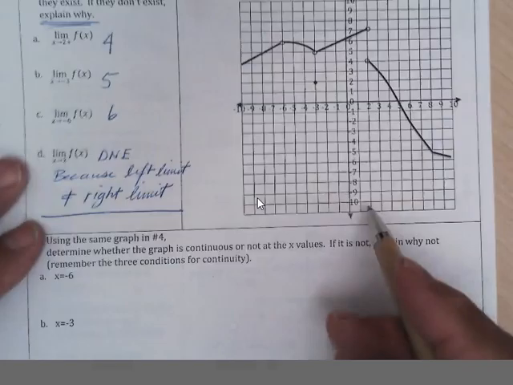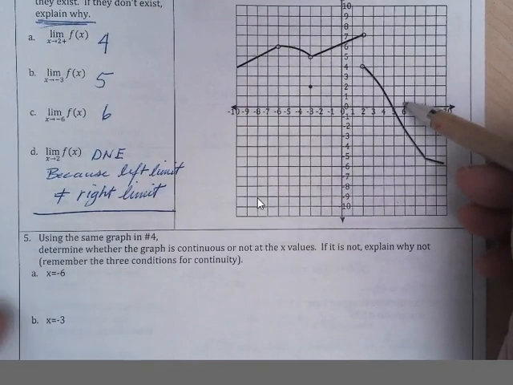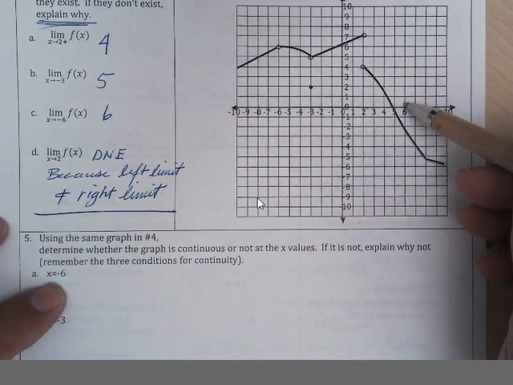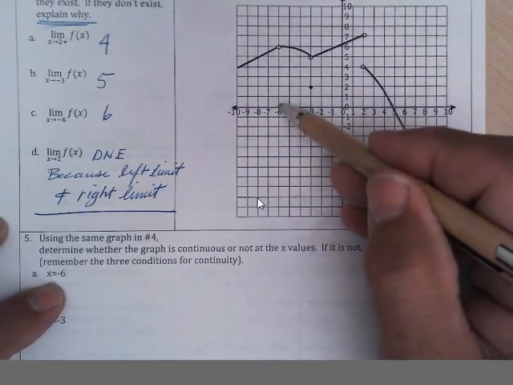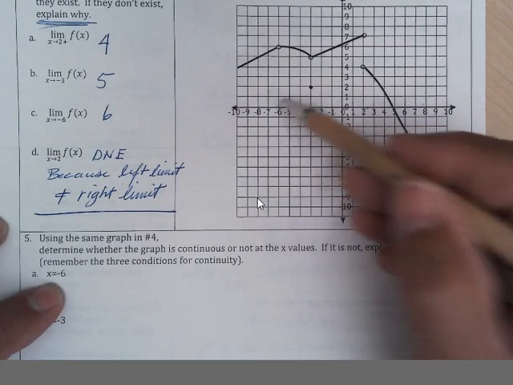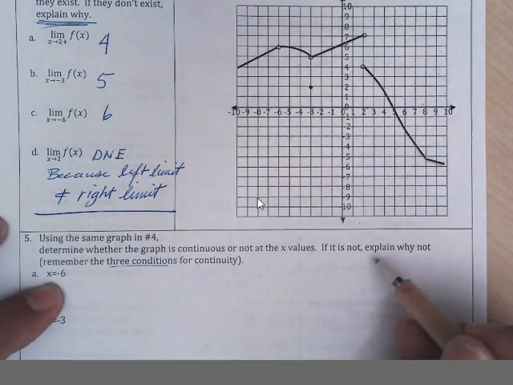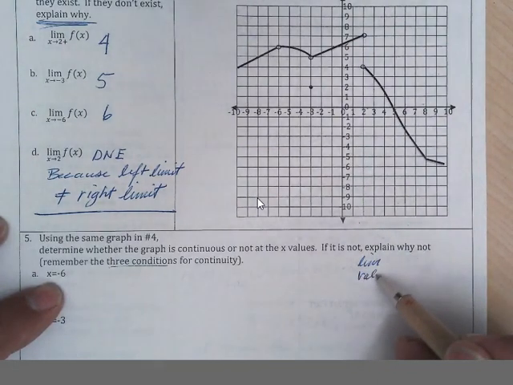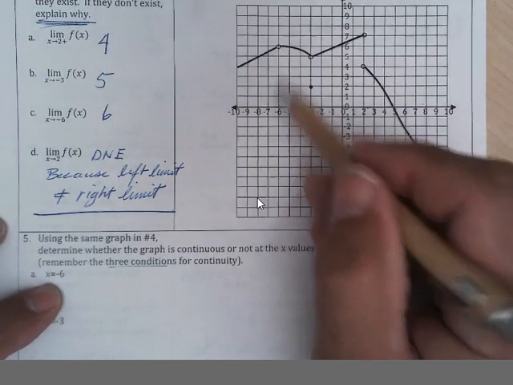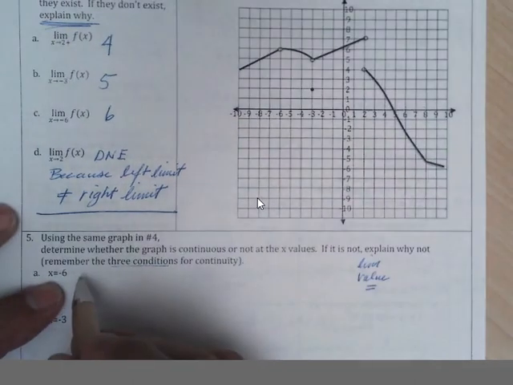Okay, using the same graph, we're supposed to answer these. Determine whether it's continuous at -6. Well, 3 conditions have to hold. It has to have a limit, has to have a value, and they have to be equal. At -6, there's no value.